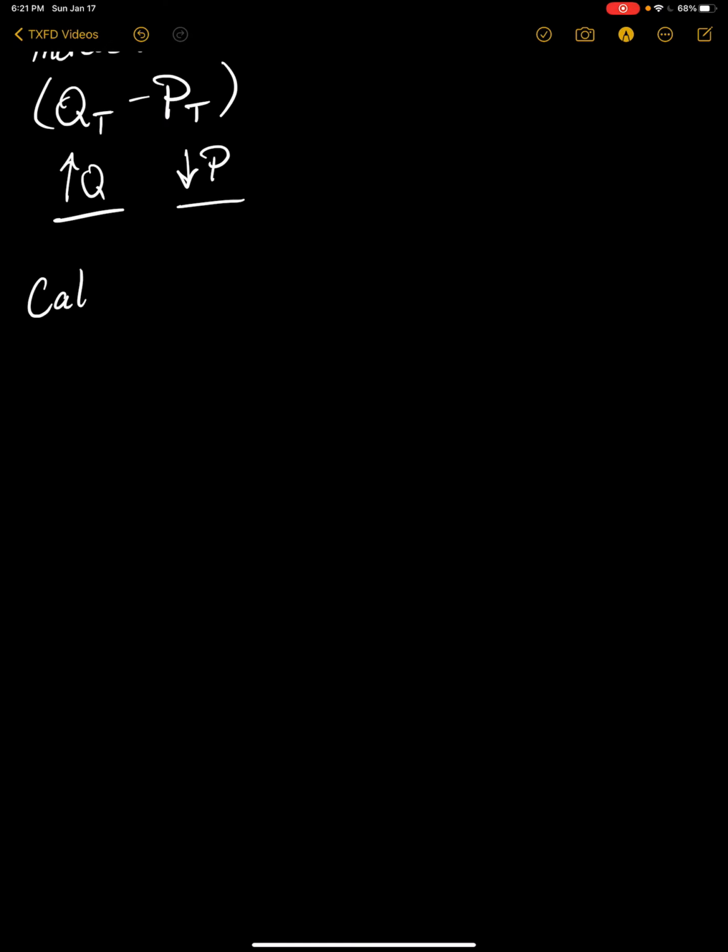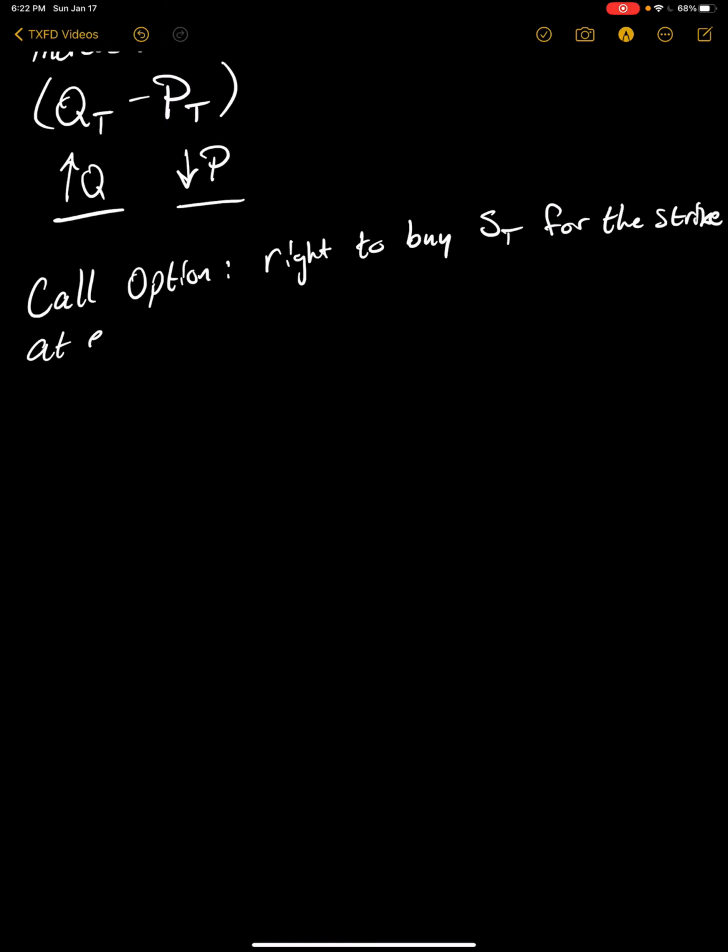So a call option is the right to buy, and the asset is typically denoted S, the value of S at time t. It is the right to buy S at time t for the strike, and we'll explain that word in a moment, at expiry.